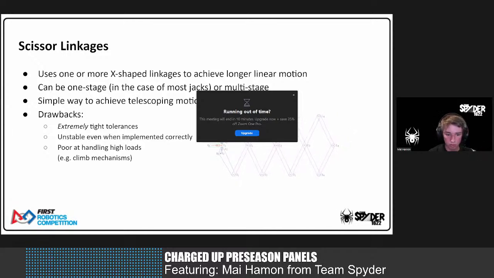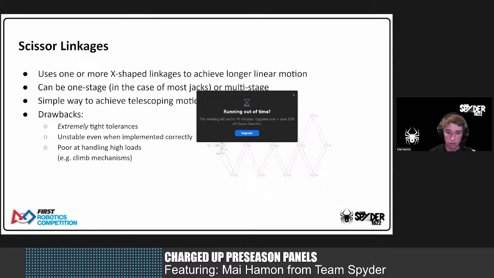Some of the notable drawbacks of scissor linkages are the fact that they require extremely tight tolerances. Akin to how a 4-bar linkage requires tighter tolerances than a beater bar linkage, as you add more and more links, this error aggregates. And so by the time you get to the final link, those tolerance errors have built up and may lead to some problems.